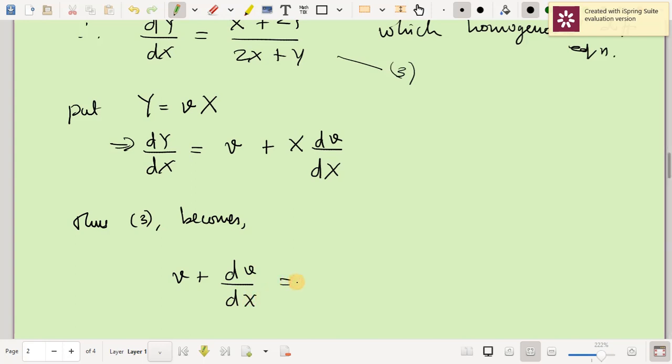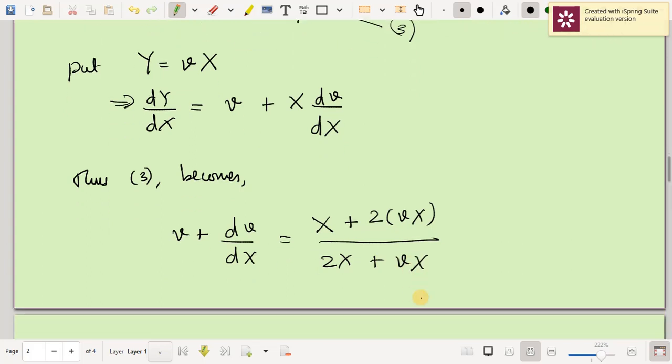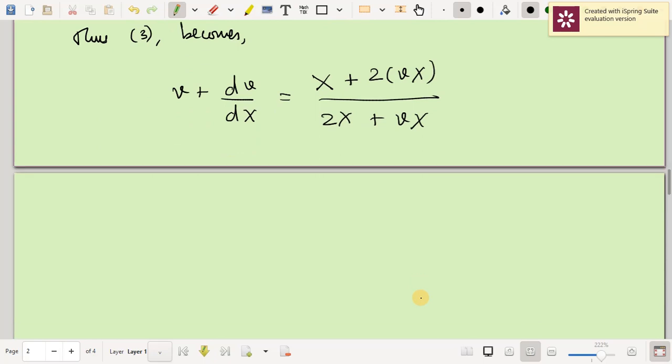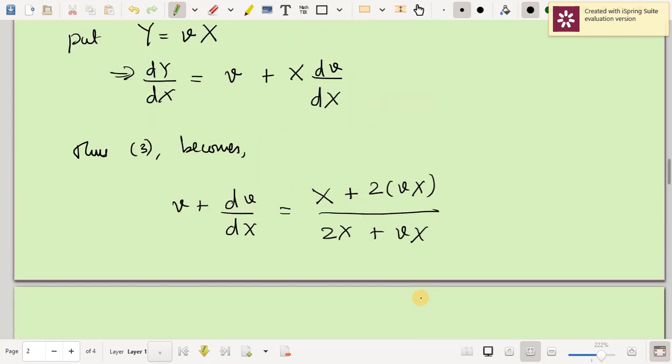Now you are changing only your dependent variable; the independent variable capital X remains as it is. So X as it is, this should be free from capital Y now, plus you have 2Y, so 2 into V into X, upon 2X as it is, plus Y, that is VX. Now if you see the numerator and denominator, you will see X common.